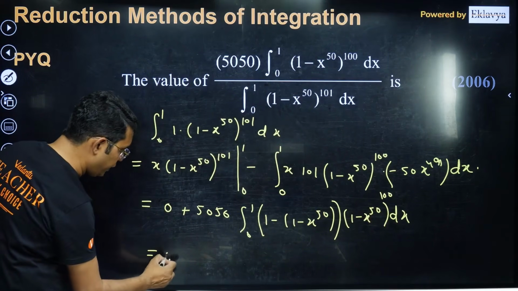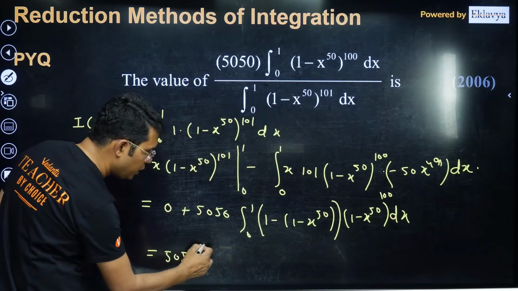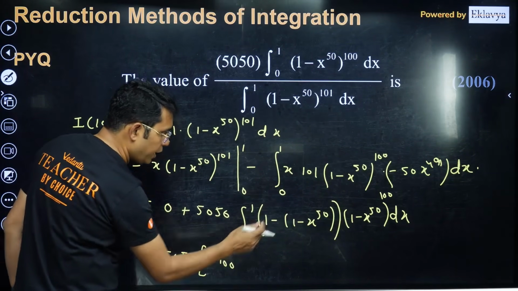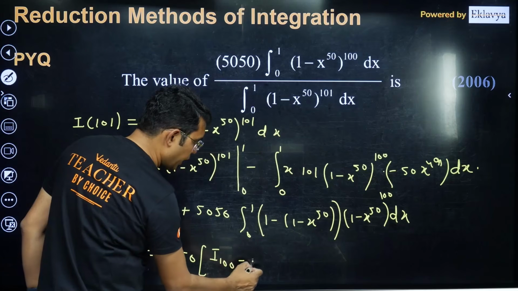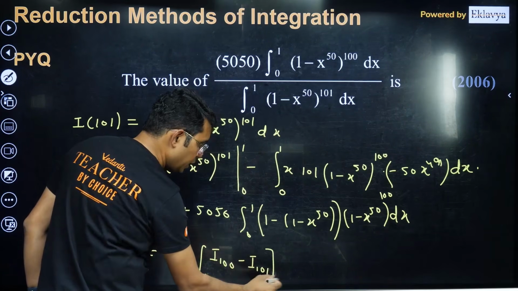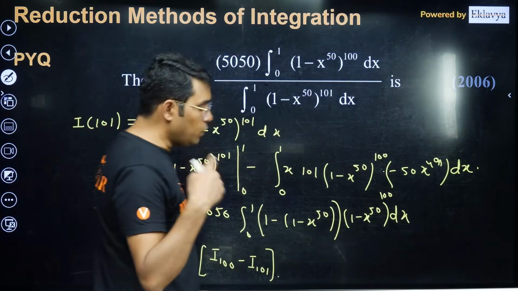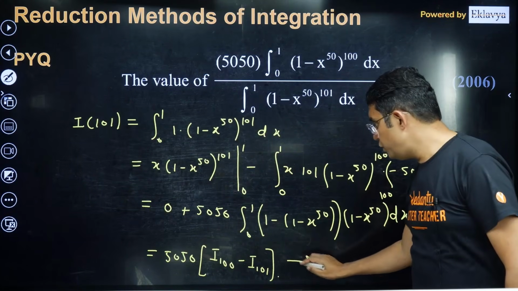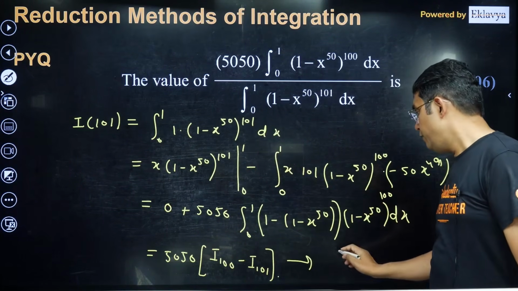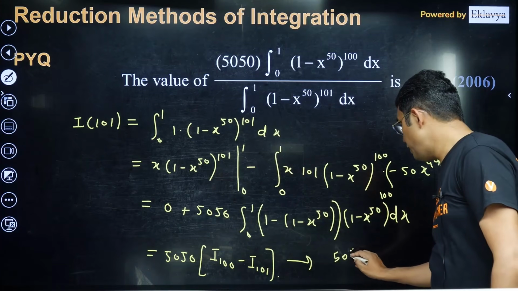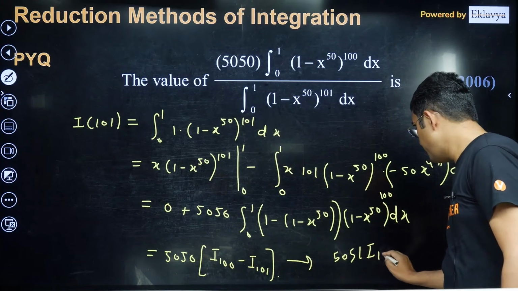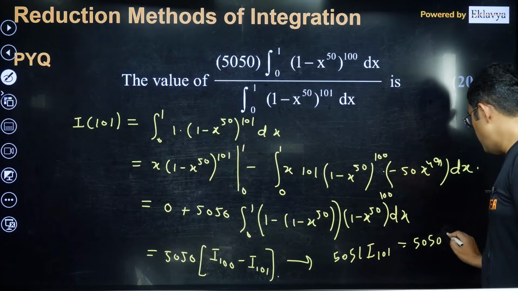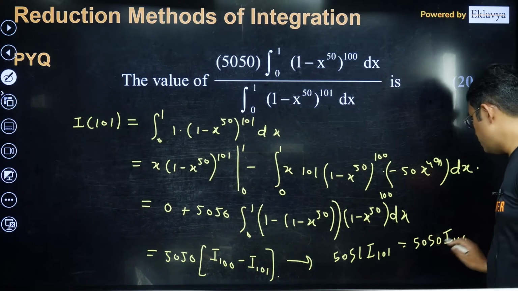So this will be 50, 50, 50, and if you multiply this one with this, you get I 100. If you multiply this with this, you get I 101. I think it is same thing that I took as my first example in this session. Okay, so if you take 101 that side, we will be getting 5051 I 101 equal to 5050 into I 100. So this is what we are getting.